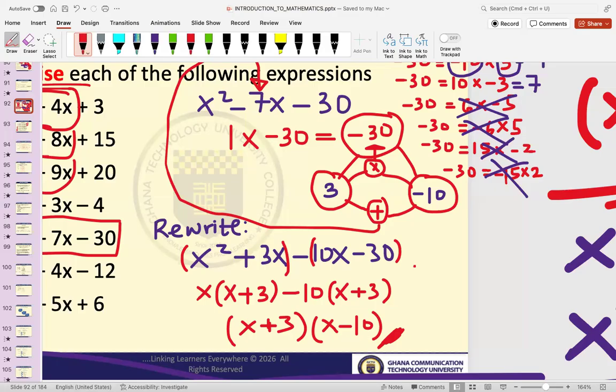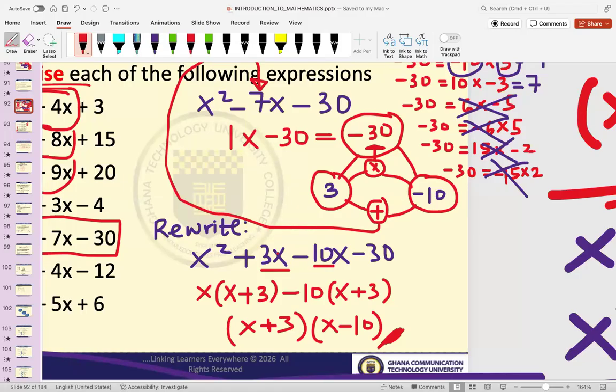You just follow. We are just following principle. I don't want the class to forget about this. When you get to this point, don't do any other thing by just using them. So look at this 3. That's what I fixed here. Look at this negative 10. That's what I fixed here.